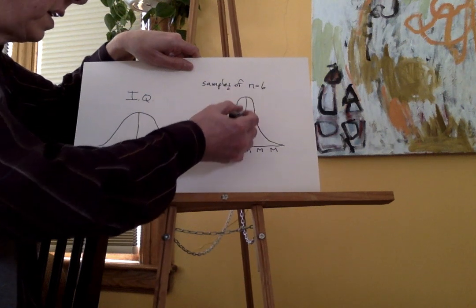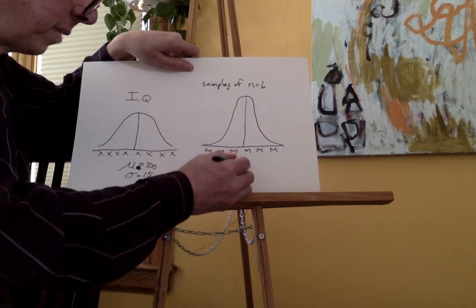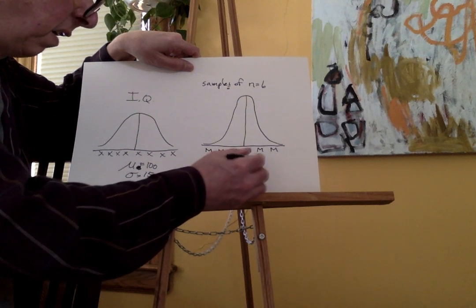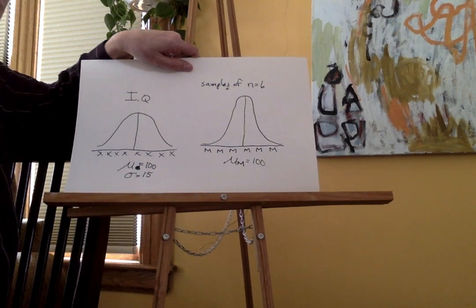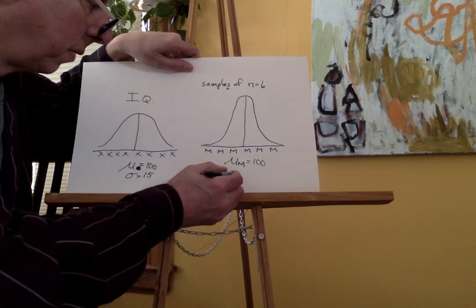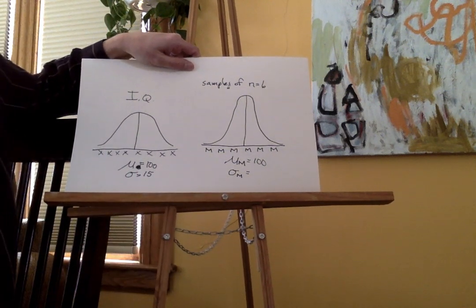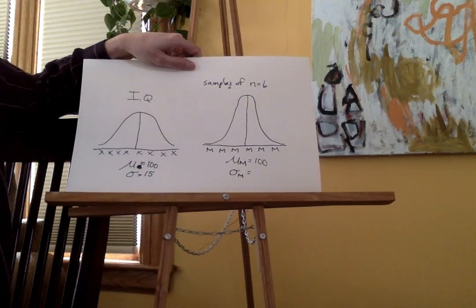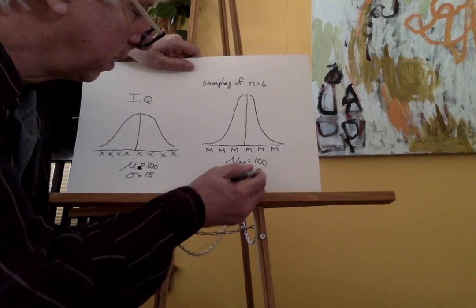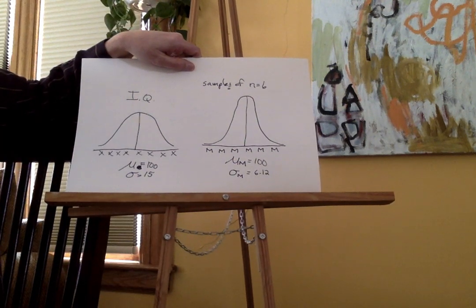We know that the mean for this distribution of sample means is going to be 100. We know that this distribution will have a standard deviation of, what did we say that was? 6.12. Okay?